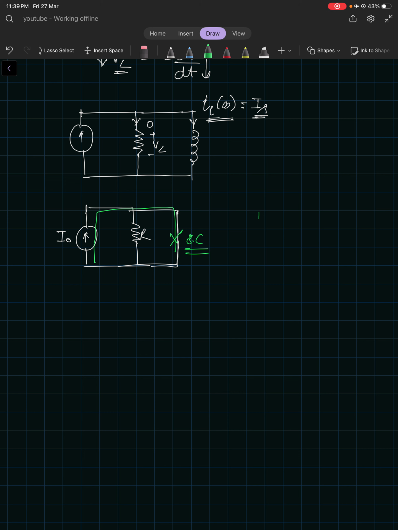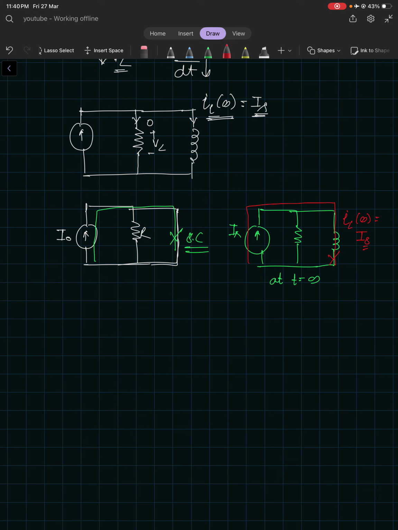In our case, this was IS, this was R, and at t equal to infinity, after a very long time, all the IS was flowing through this inductor. This IL at infinity was I of S, right? So we say in this steady state the inductor acts as a short circuit, and at the switching instant it acts as an open circuit if there is no initial current.